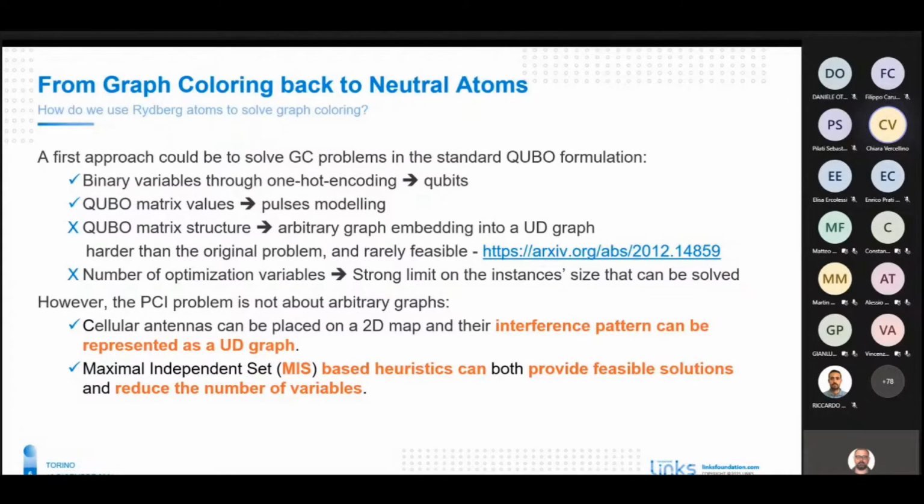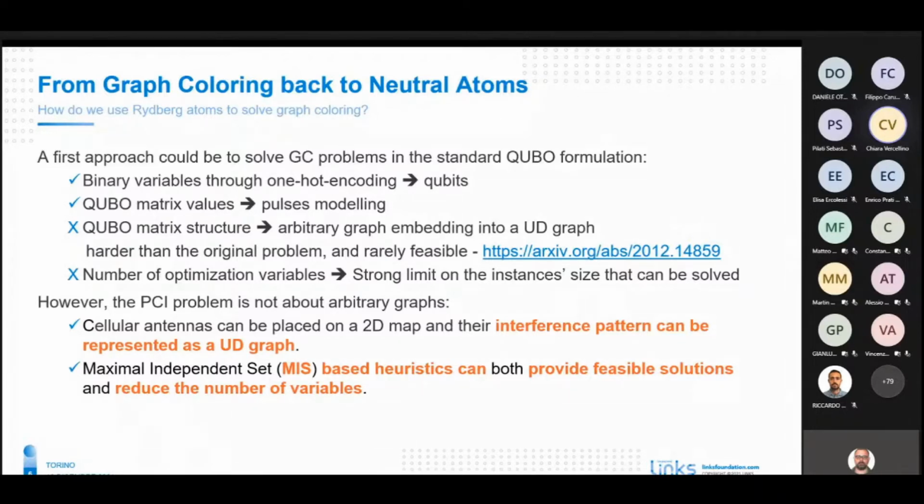we have some issues. First of all, reflecting the overall QUBO structure into a register, such as mapping it to a unit disk graph, is harder. In some cases, it could be even harder than solving the original problem.